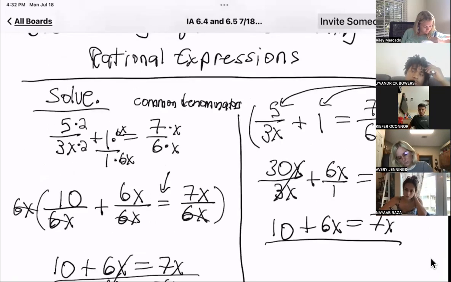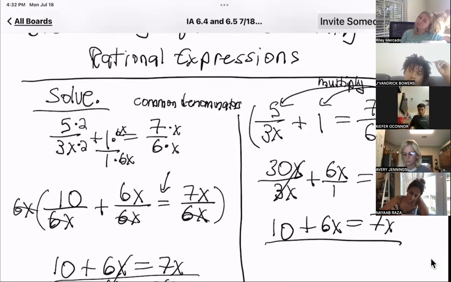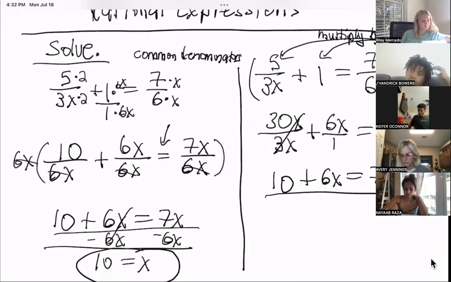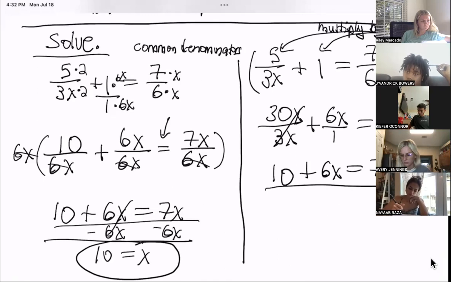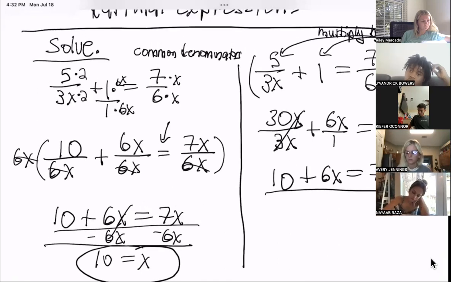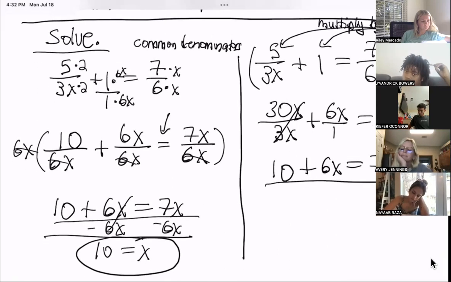So this technique is you multiply by common denominator first, and then solve. It really depends on which one you like.